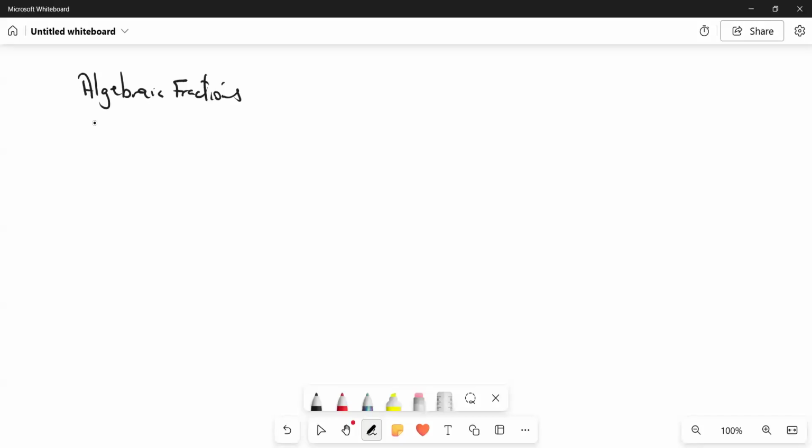Then we're going to look a little bit at indices, and this is going to help you a lot with multiplying and dividing algebraic terms.